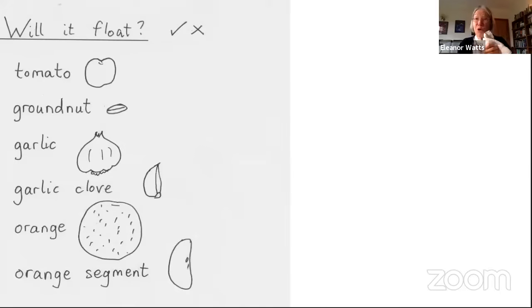Don't put it near your computer, because otherwise a huge amount of damage will happen. Can you see if I put them right up to the computer? Whoops. Can you see any differences between those 2 groundnuts? So one is with the skin on and the other is without the skin. So why do you think that makes a difference?